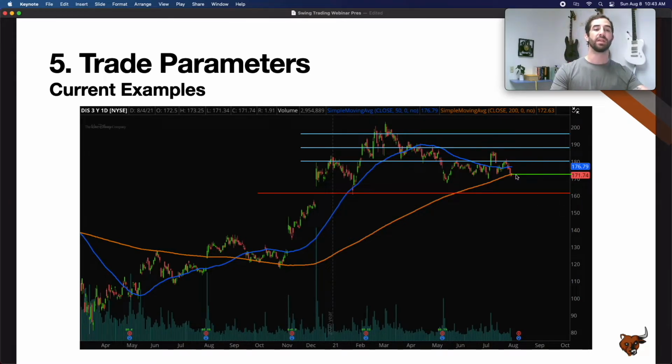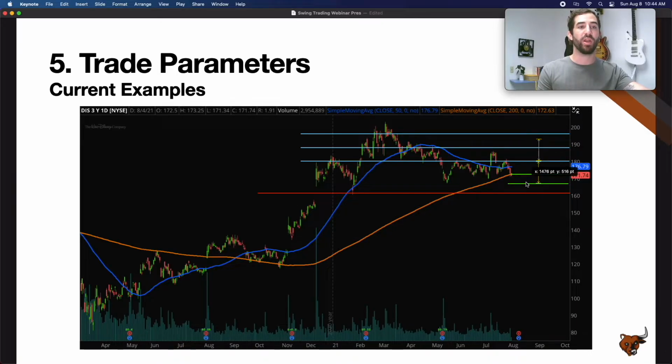But anyway, so we buy here at 171, and let's say I don't want to have my stop loss $10 below my full position. So what I would do is, because there's a possibility that the price comes down to around this level and then bounces, and my trade would still be valid.